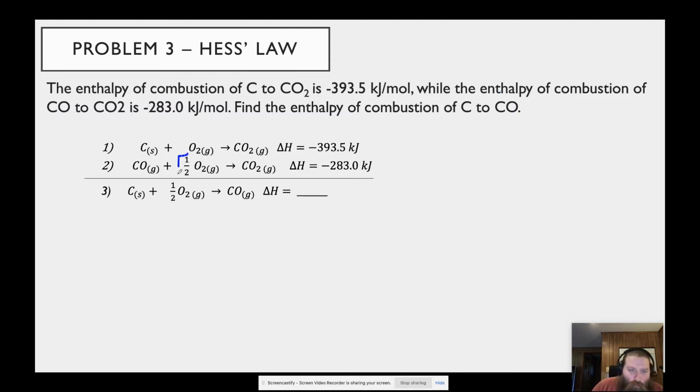Now, before we go any further, look at this 1/2 I had to put in there. Why did I have to put that in there? Well, I can't change the carbon monoxide or the CO2 because that's what it gave me right here. So the combustion has to account for that to make sure that the number of oxygens is right.